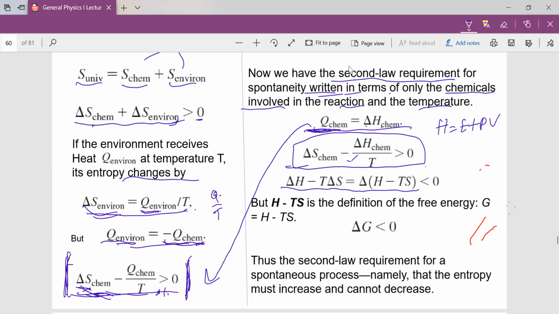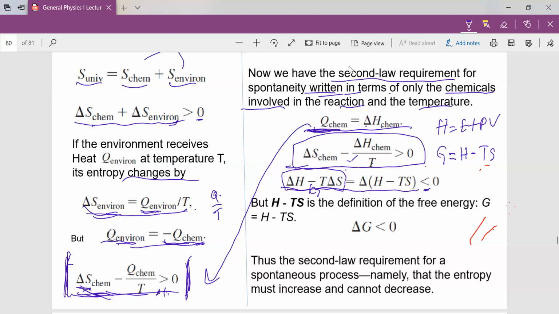And it is this expression that was given to us earlier, that this free energy is equal to H minus Ts. Okay, so we see that the expression H minus Ts, which is described as Gibbs free energy G, is going to be less than 0.